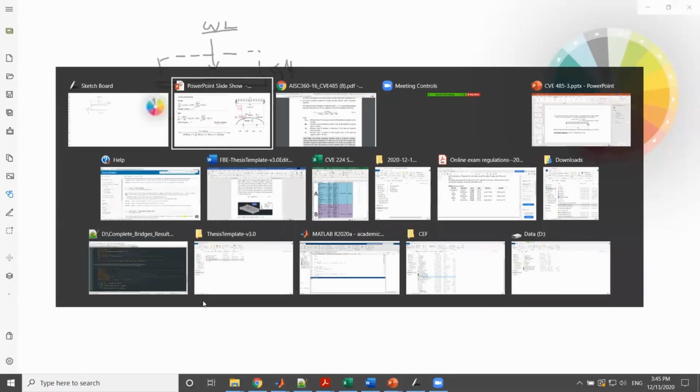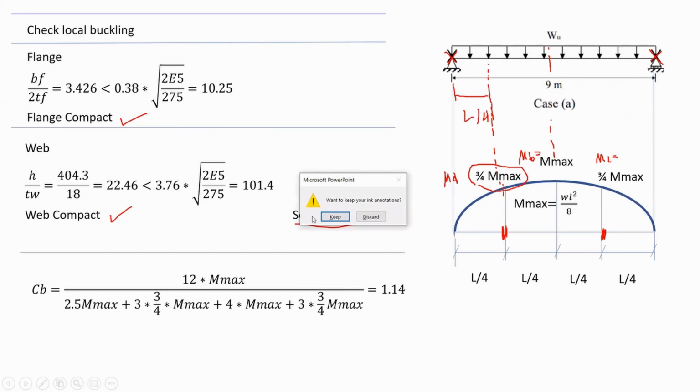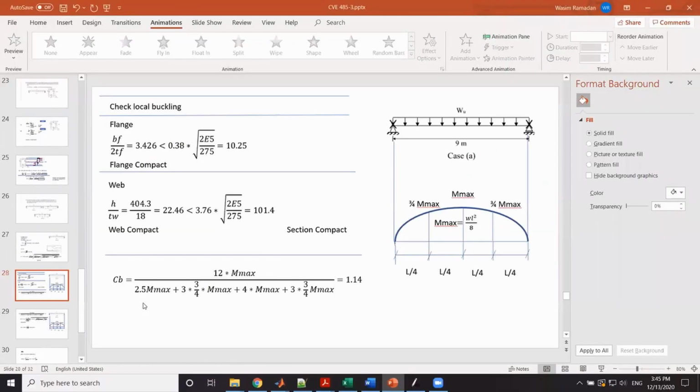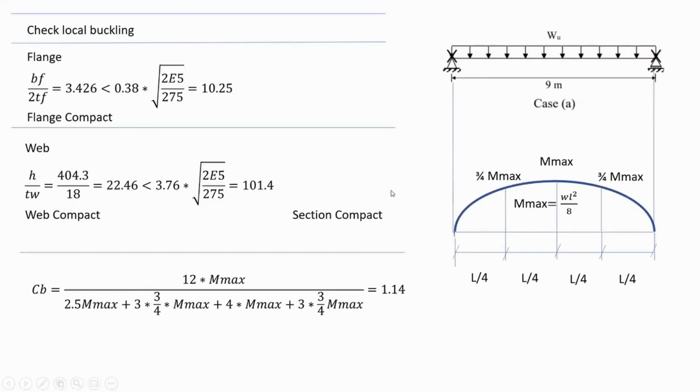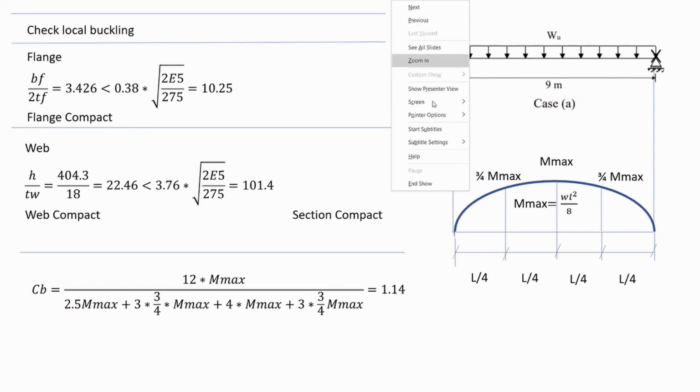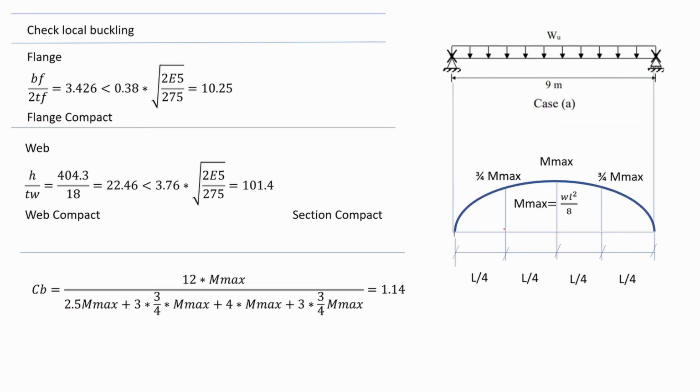So for instance, I want to find the moment at length L divided by 4, the first quarter of the span over here. Assume that 3/4 is nonsense and you don't know how to get it. So I want to find the internal moment at this point.